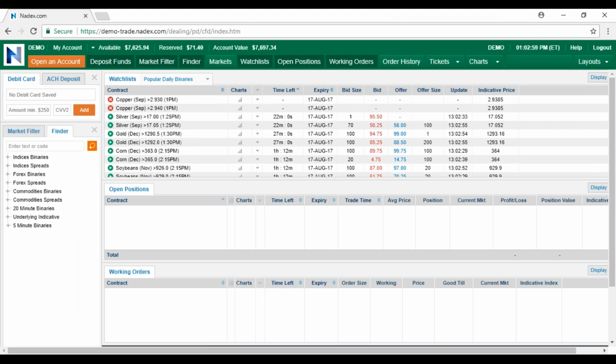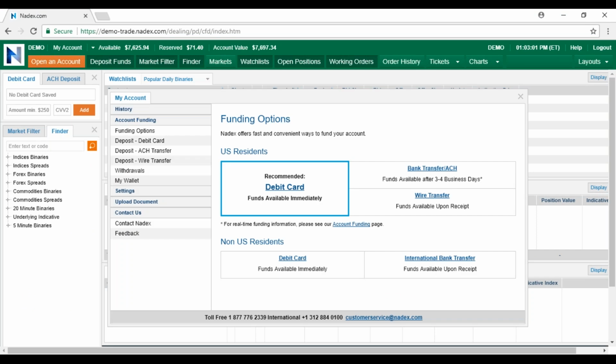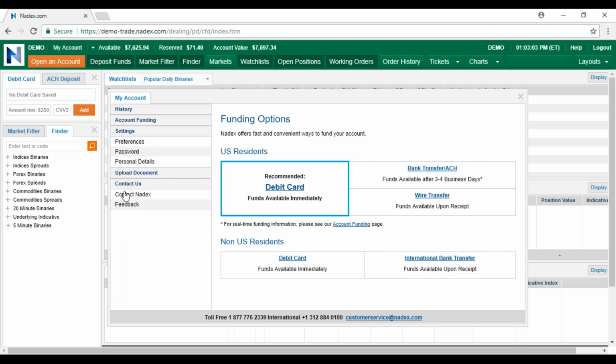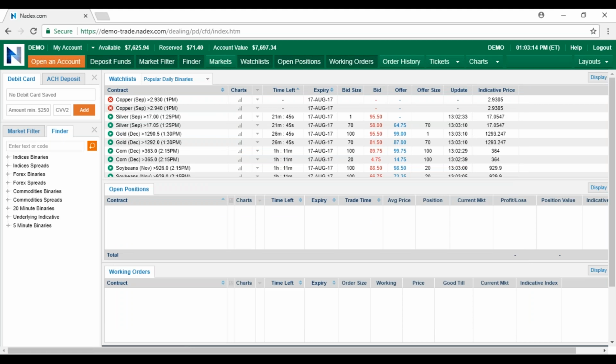Once you do that, go up here to My Account, then to Settings, and then to Password. It'll let you change that temporary password they emailed you to whatever you want, so it's easy to remember. The demo platform is a great place to get familiar with Nadex and the products they offer, go through the different instruments and look at the different binary contracts, check out the expirations, and get familiar with entering and exiting orders.